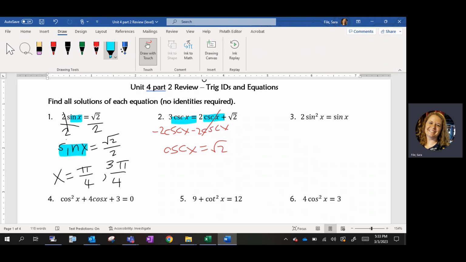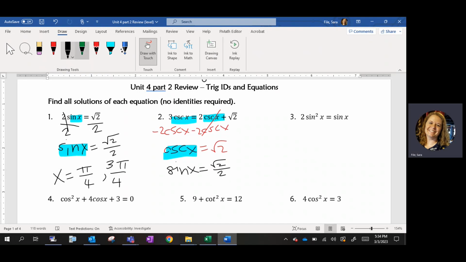So I've isolated that trig function. That's what I needed to do, get it by itself. Now it's a unit circle question. Now I don't have cosecant memorized on the unit circle, so I highly doubt you do, but we know the reciprocal is sine. Sine would be the reciprocal of this, which the reciprocal of root 2 is root 2 over 2.